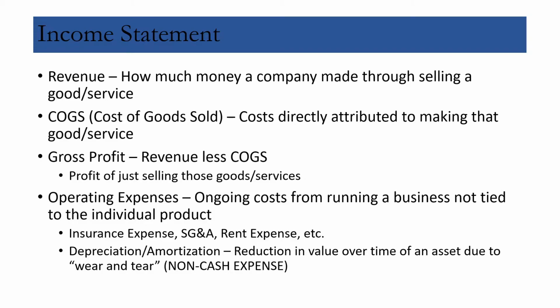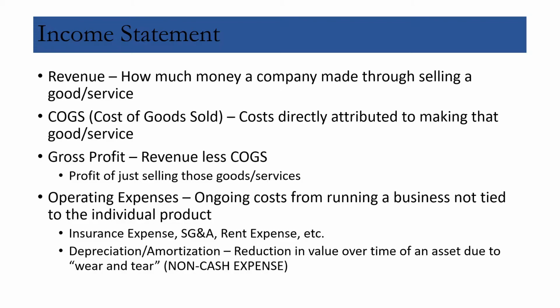What this means is the reduction in value over time of an asset due to it being used a lot. If I had a big piece of machinery, over time it's going to slowly dwindle in value, just because it's constantly being used. Think about a car. A new car is priced so much higher because it hasn't been used.